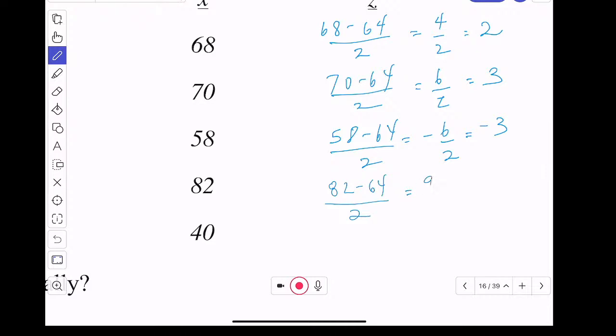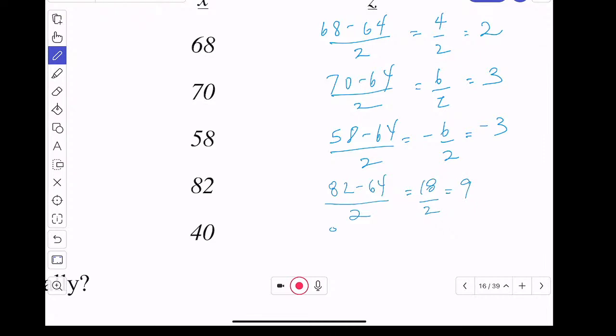That's 9 over 2? 82 minus 64 is, oh yeah, it gives you 18. Let me do that again. It's 18 over 2, which is equal to 9. Okay, so that's 9 standard deviations above the mean.